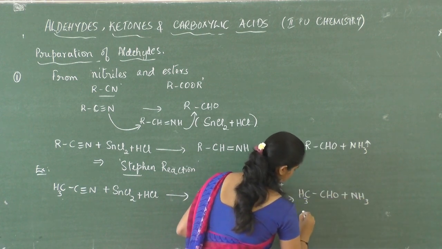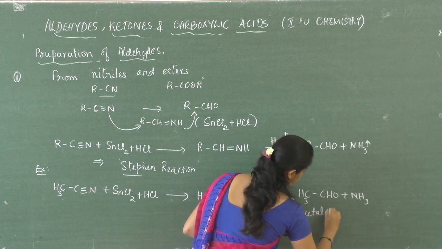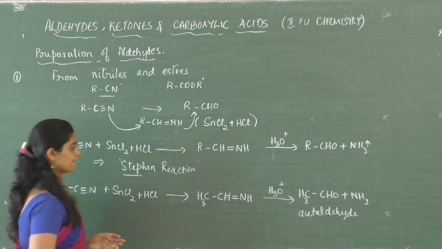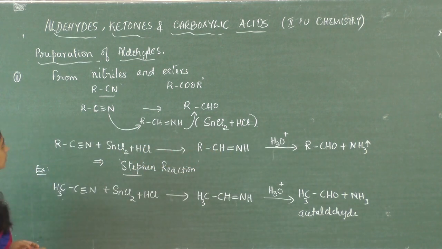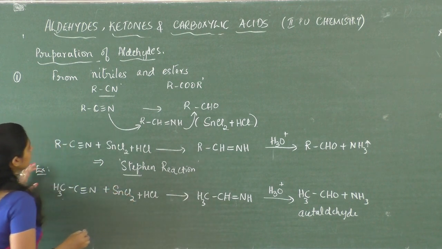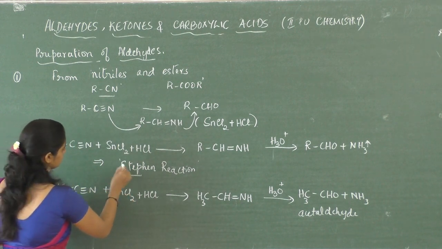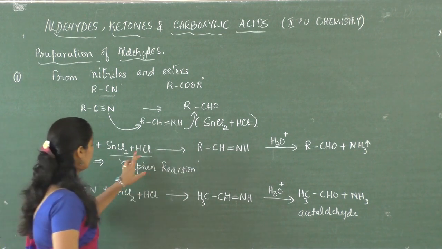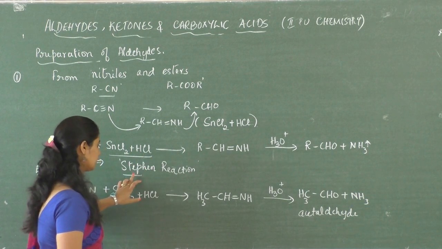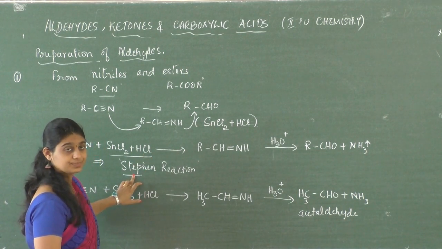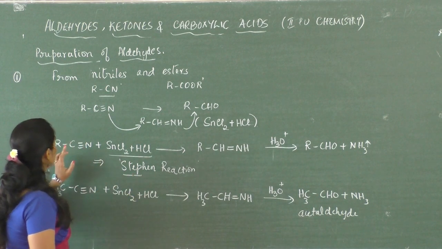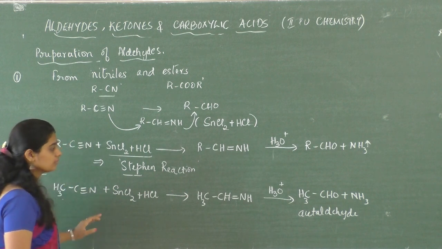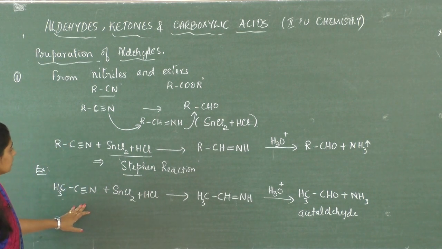So this is acetaldehyde. So if you use the reducing reagent, that is stannous chloride, along with the hydrochloric acid, then that reaction is called Stephen reaction. Take down this reaction.